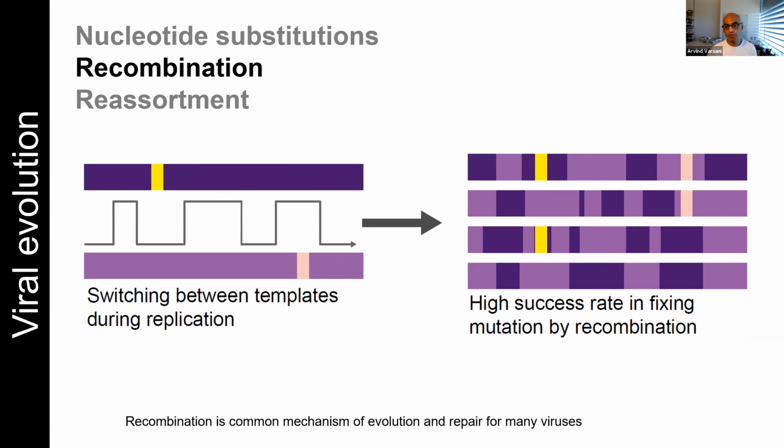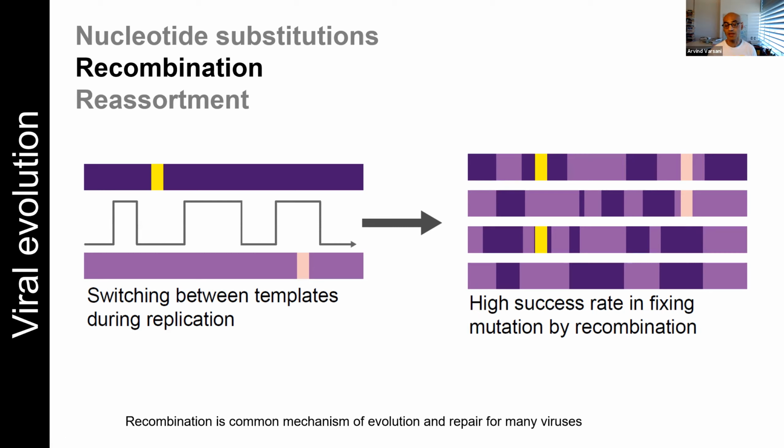Beyond this, what also happens during a co-infection is that if there are two homologous genomes in there, during replication, template swapping can take place. As a result, there is generation of chimeric molecules or chimeric genomes. This is a really useful way to repair mutations, but it's also a very unique way to explore sequence space very rapidly.